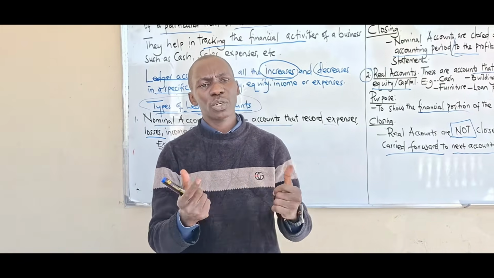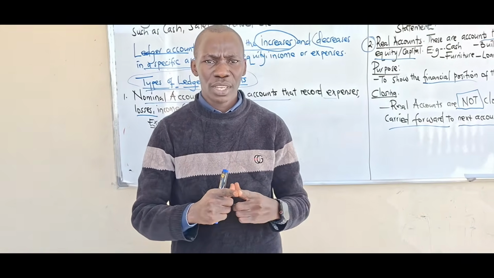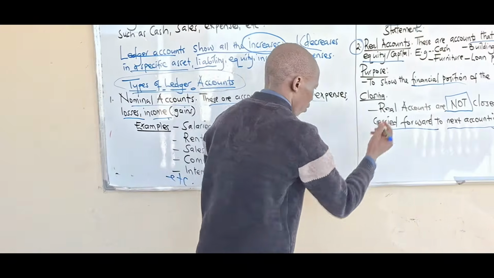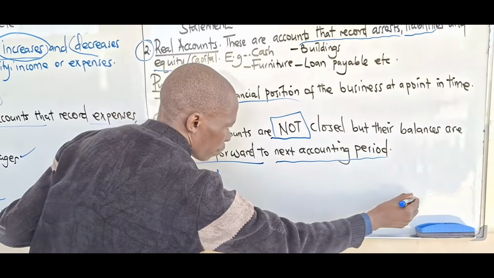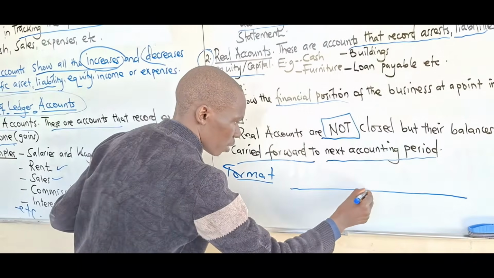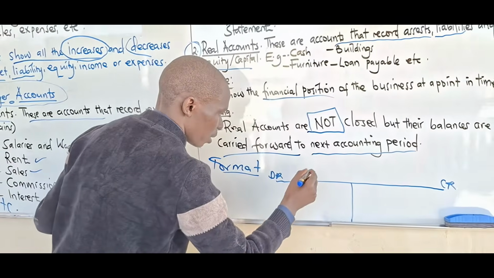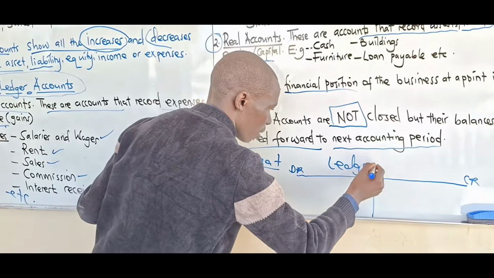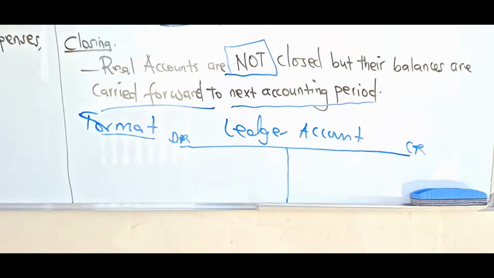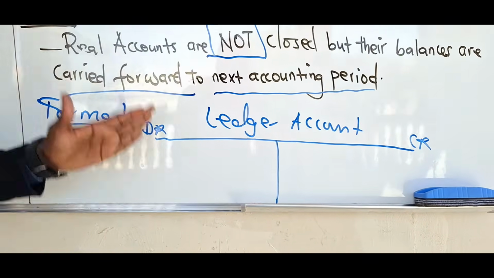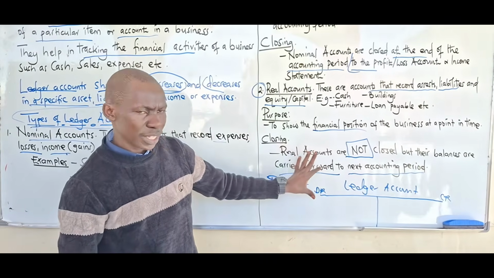An account, if you have checked the previous videos, I told you, is in the form of the letter T. This is our ledger. Whether it is a nominal account or a real account, they have the same format.